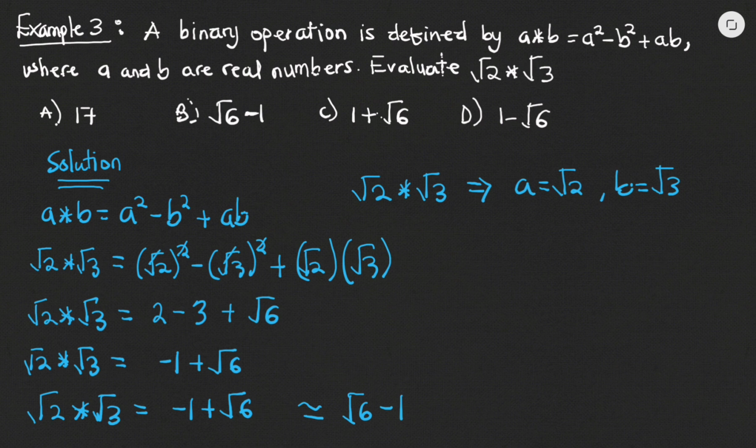So if we look through the possible options that we have over here, we can see that we have option B, which is giving us that answer. So option B over here is our correct answer, as that gives us root 6 minus 1. All right, let's have a look at another problem.